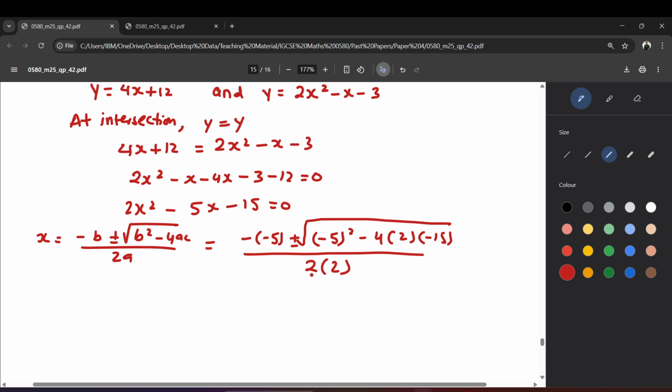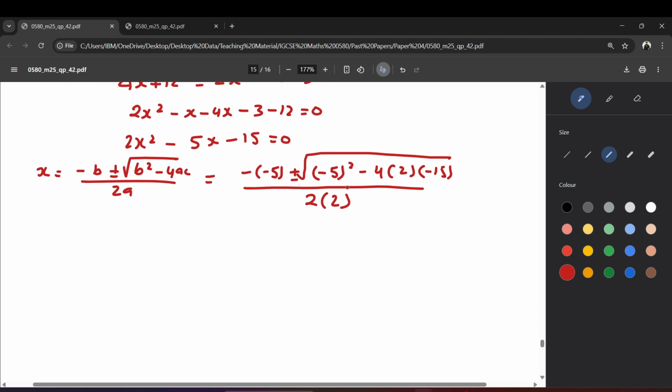Now, how much working do you have to show? This is the first step where you have shown the substitution into the formula. You must show one more step. Minus minus is plus, so this becomes 5 plus or minus the root of this entire expression. So basically work out the value of this entire expression.